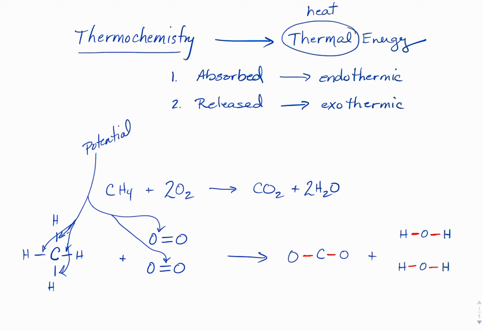How that converts from potential to kinetic is that these bonds are broken, and when they are broken, the atoms are rearranged to form new bonds that you see over here in red. When these new bonds form, that moves back from kinetic energy to potential energy.